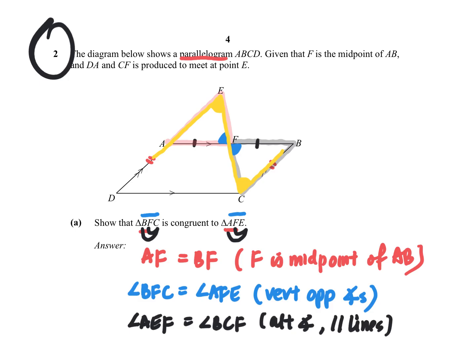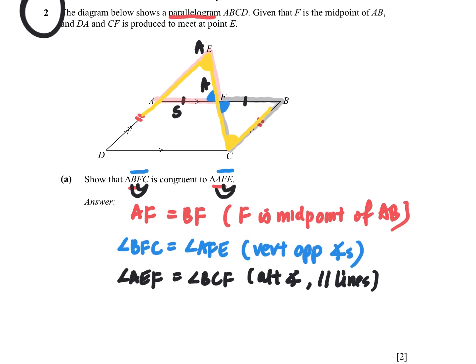So now let's decide. This is angle, angle, side. Because the side is not between the two angles, so the test is AAS.